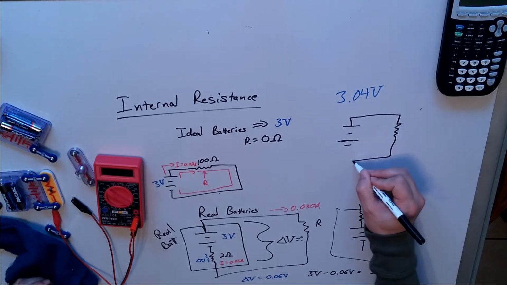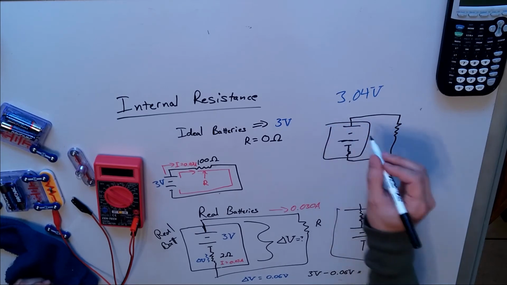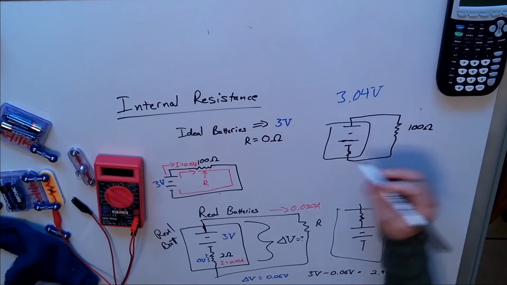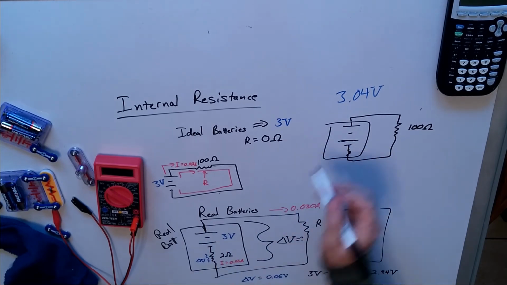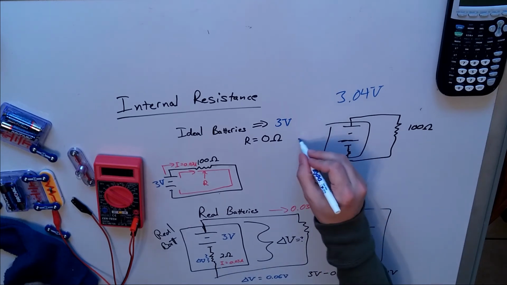We've got a resistor here and then an internal resistance right here. And here's our battery. Now, when we've got this set up with the 100 ohm resistor, this ends up with a potential difference of only 3 volts.